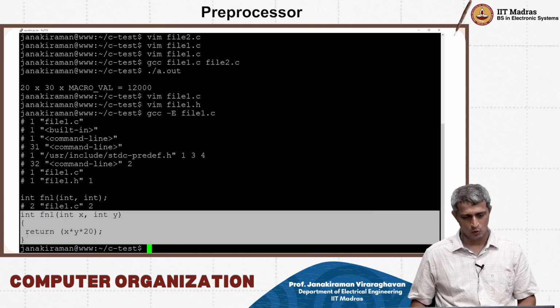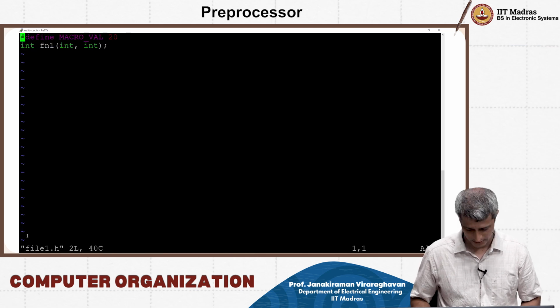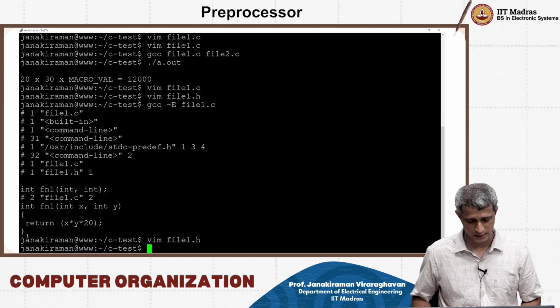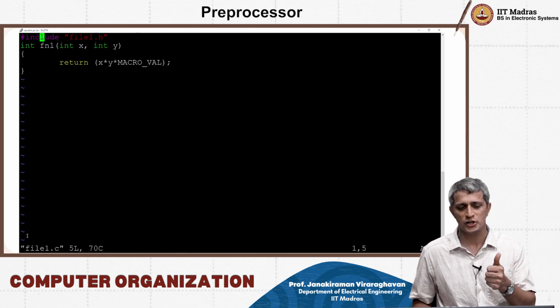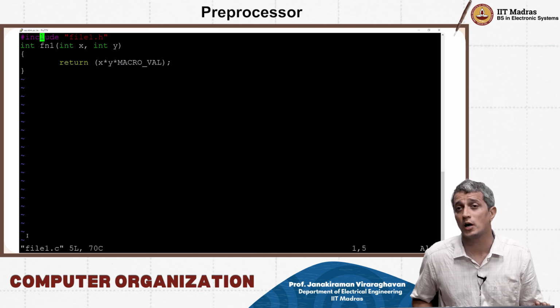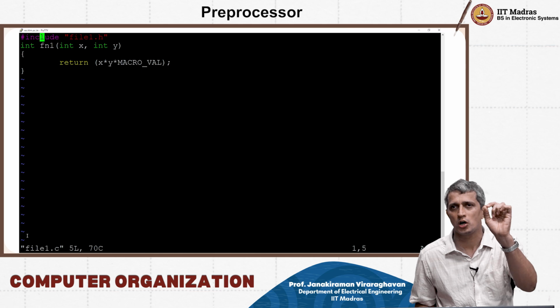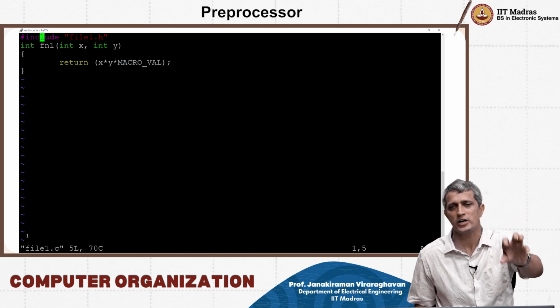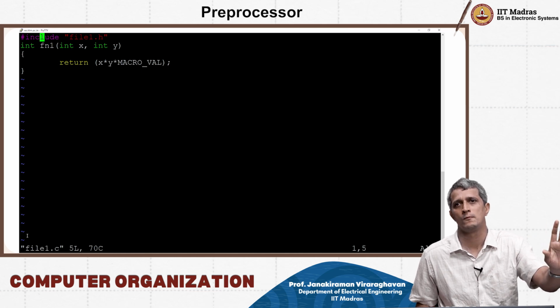Okay, so if you look at what this file1.h basically had, it had this. So let's look at the C file. We are doing hash include file1.h. What does this hash include do? It just takes file1.h and dumps whatever text is there in file1.h out at that point in the file.